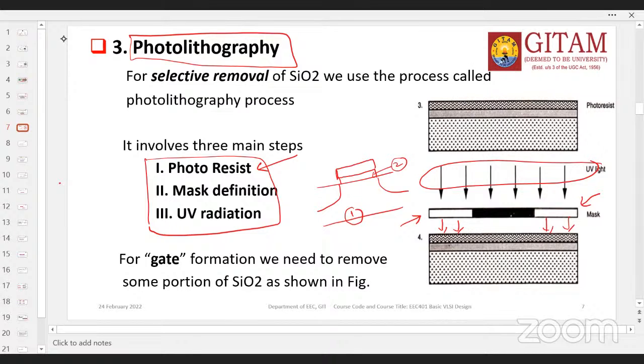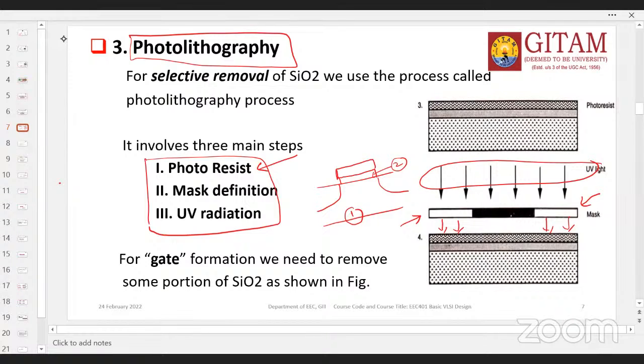When the light is exposed to the photoresist material, its characteristics will change. Generally, polymer is a very hard material. Photoresist material is very hard generally. As soon as the light is exposed, its characteristics change and it becomes a soft one.